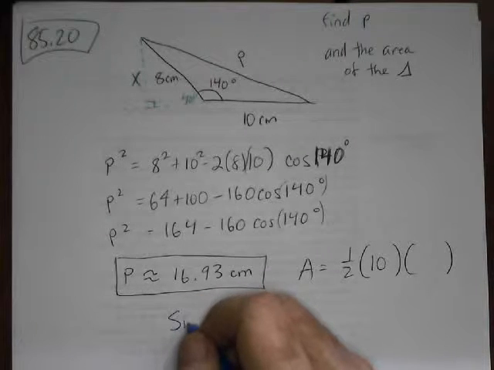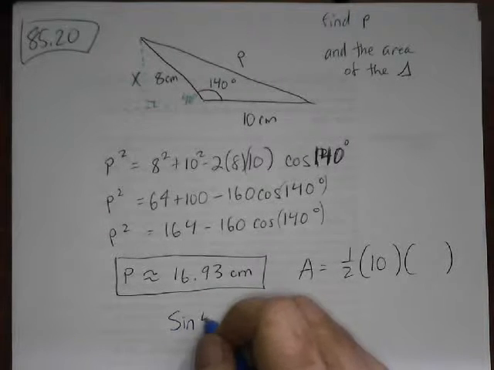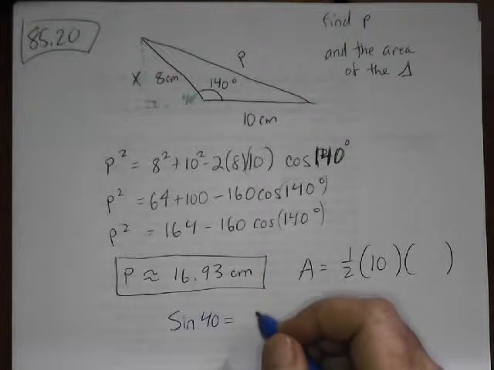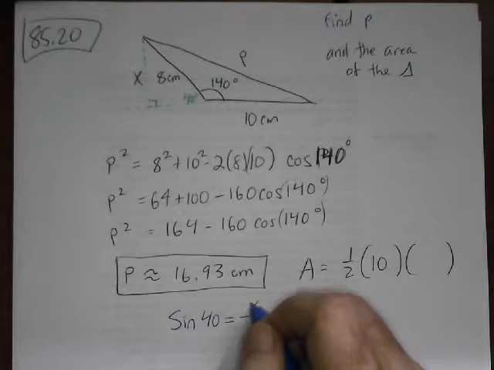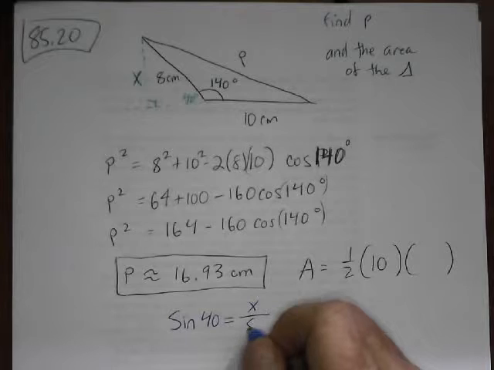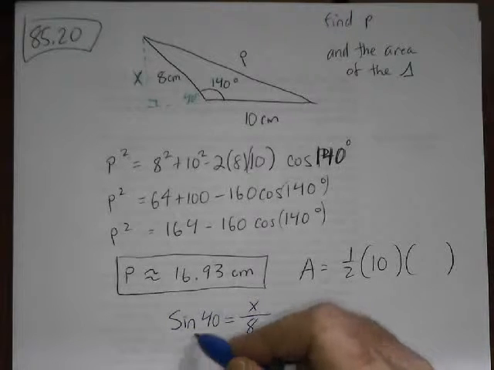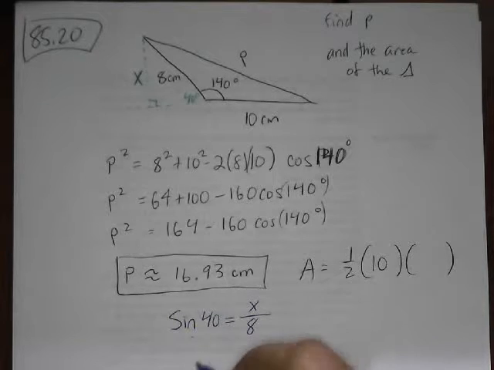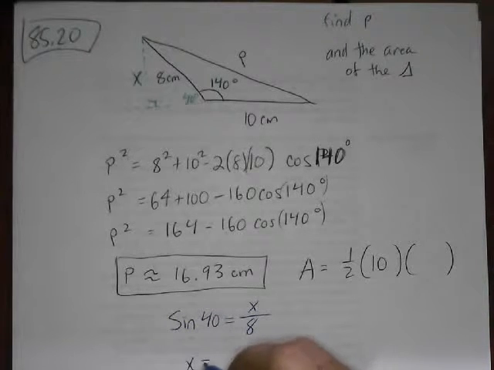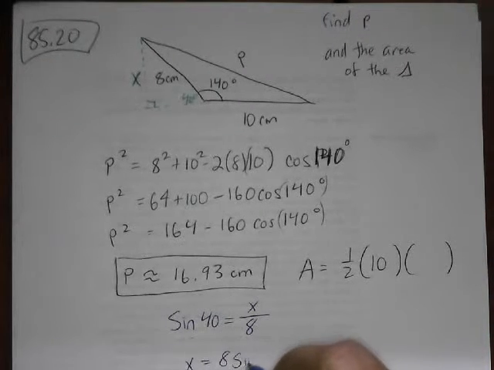Sine of 40 equals opposite over hypotenuse. Now if I cross multiply, 8 times that is going to equal 1 times x. So x is equal to 8 times sine of 40.